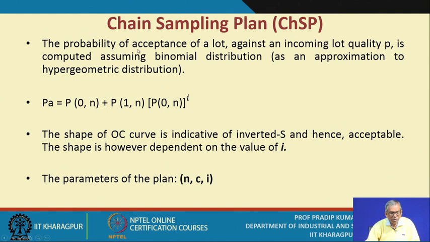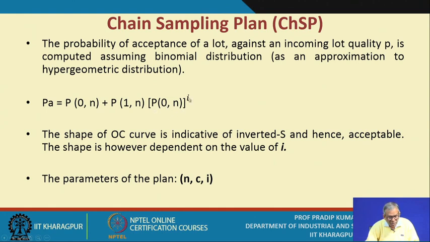So how do you compute the probability of acceptance of a lot? When the working of the chain sampling plan is as explained, the probability of acceptance is the probability that there will be 0 non-conforming units in n number of units, plus the probability that there will be 1 non-conforming unit in n number of units, that is the sample size, provided that the previous i number of samples all have 0 non-conforming in the sample.